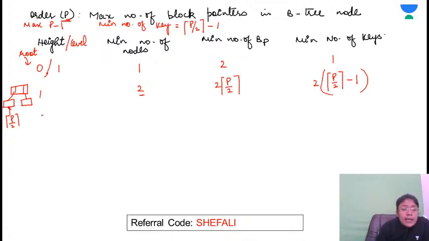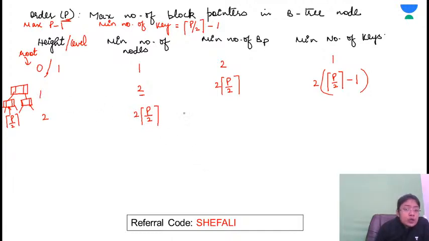Go to the next height, height 2. Now what will happen at height 2? How many nodes will be there? As many as the block pointers you have at the previous level, because block pointers go to the next level and become nodes, right? So in the previous level, how many minimum block pointers are there? 2 into P by 2. So it will have 2 into P by 2 nodes.